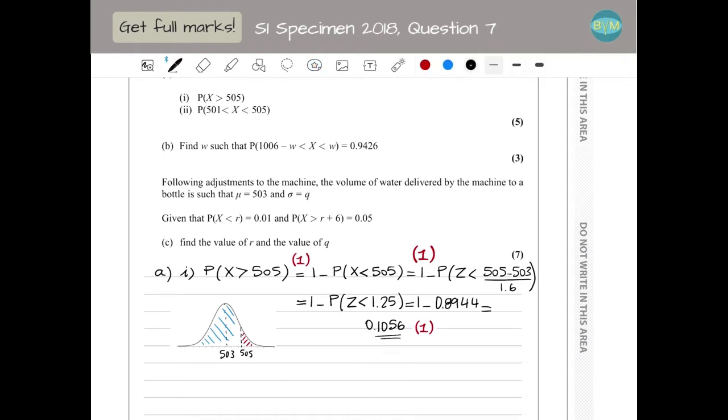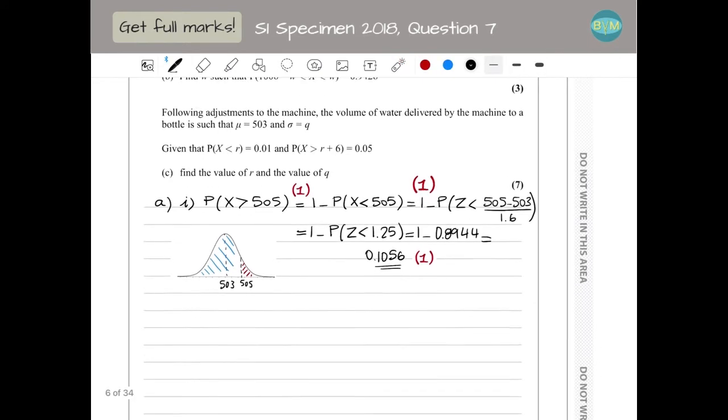For the second part of question A, they ask us the probability that X is between 501 and 505. You notice that 501 is symmetrical.